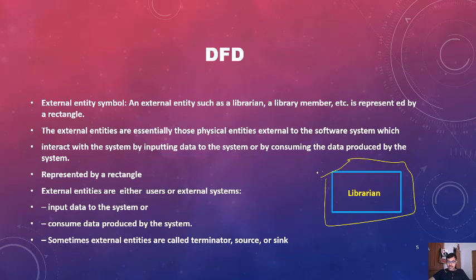An external entity such as librarian, library member, etc. is represented by a rectangle. The external entities are essentially those physical entities external to the software system, which interact with the system by inputting some data to the system or by consuming some data produced by the system.